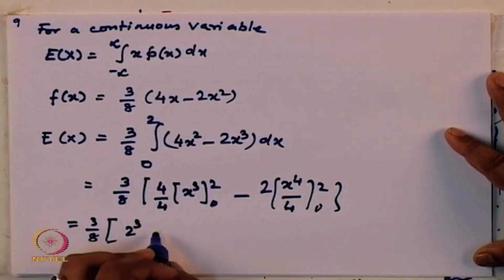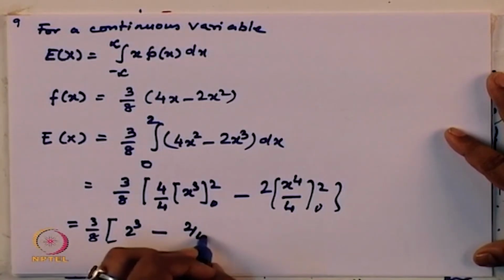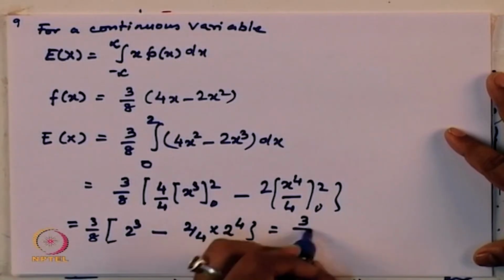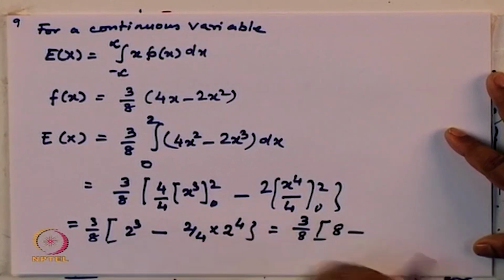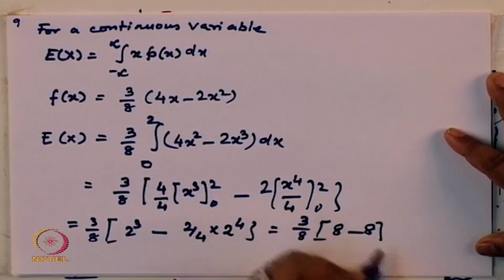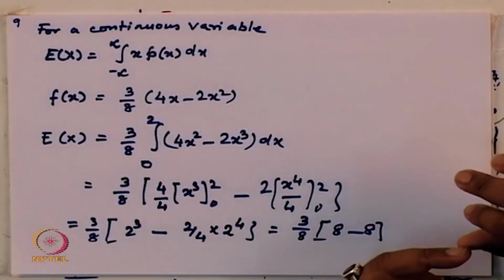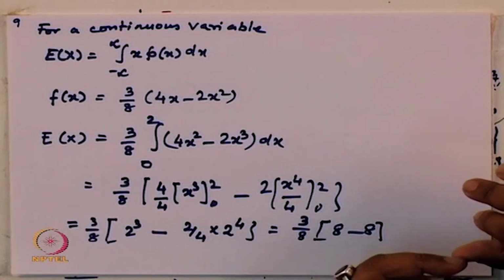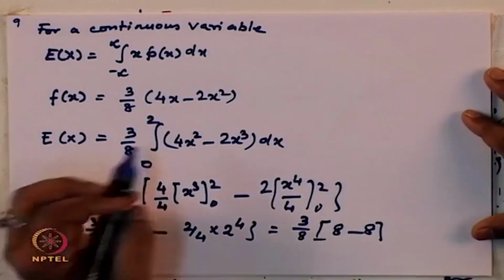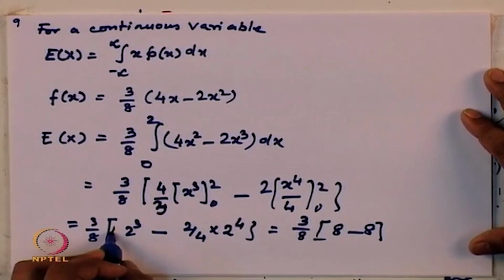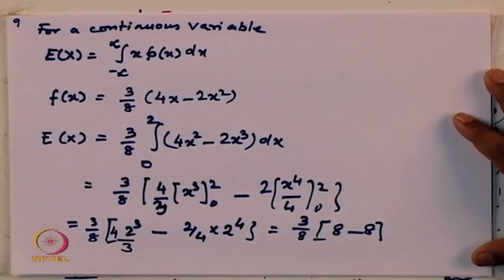So, 2 cubed is 8, and 2 by 4 into 2 to the power 4 is 8.